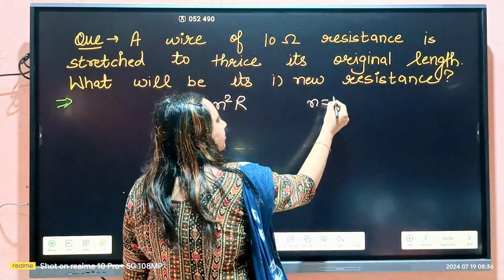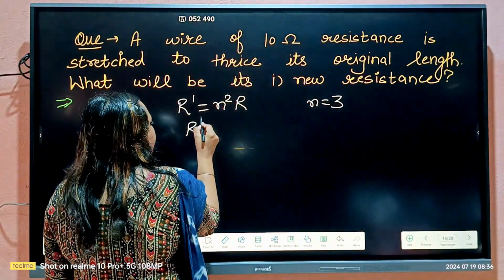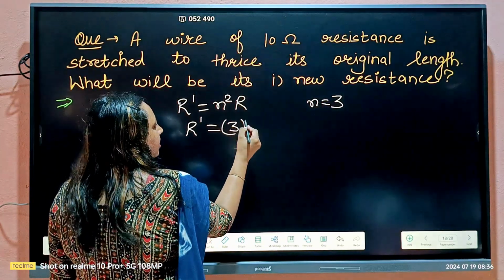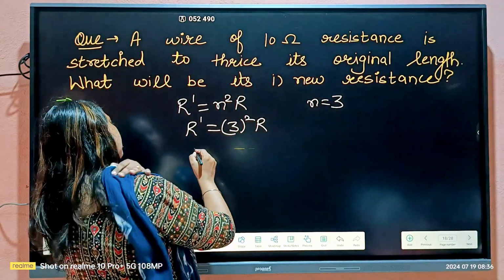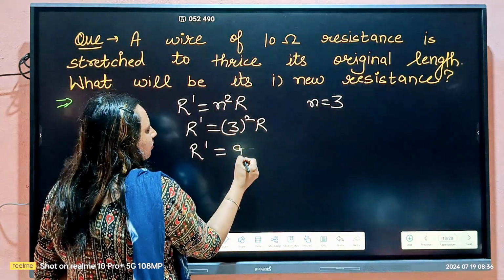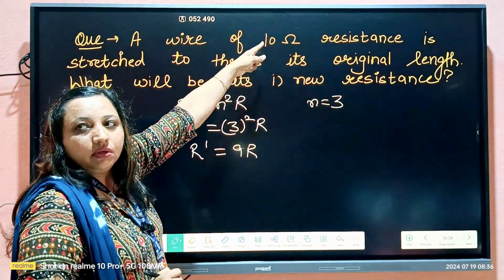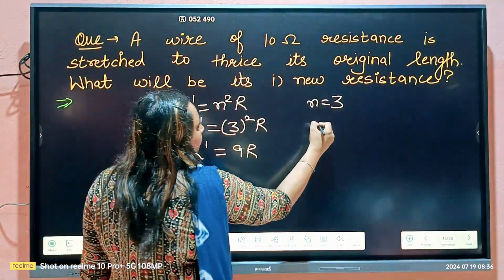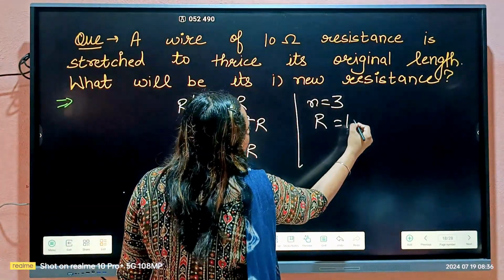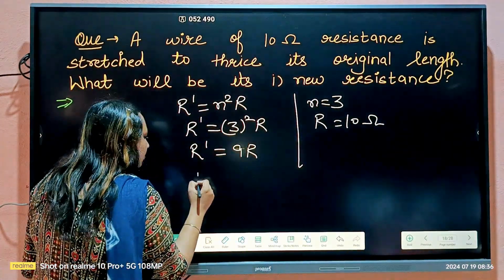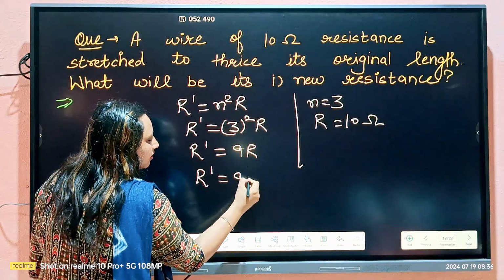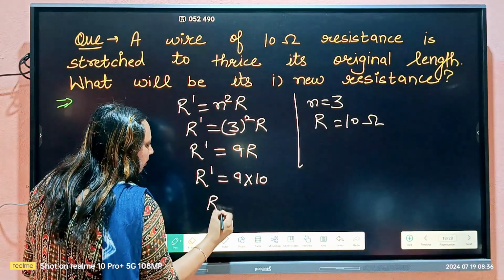So 3, na? So R' = 3² times the original. So R' = 9R, and what is the original resistance? It's 10 ohm. So the new resistance will be 90 ohm.